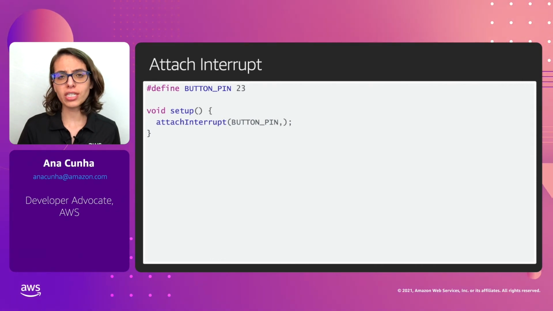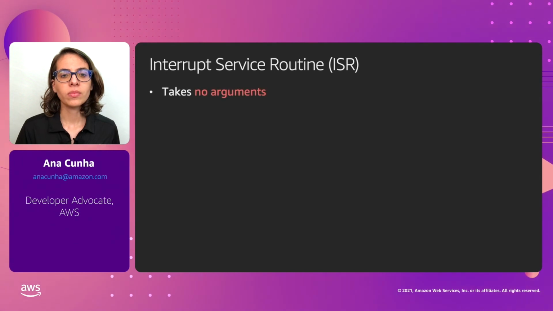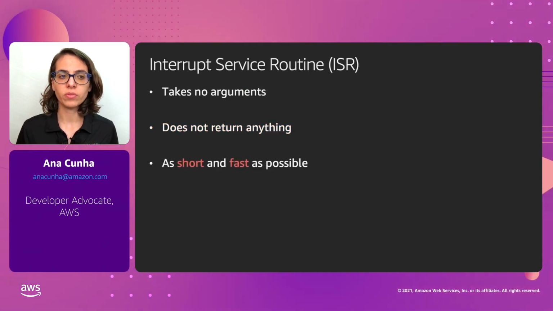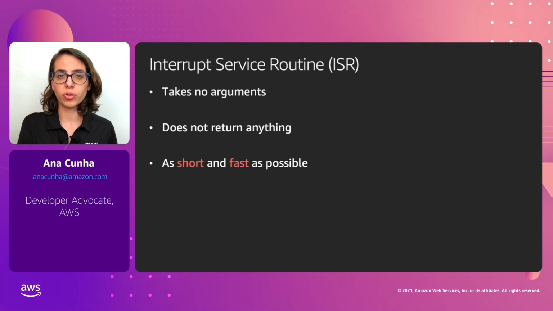But there are a few things we need to keep in mind when creating an ISR. The ISR does not take any arguments, and it also doesn't return anything, so its return type should be void. It should be as short and fast as possible, since it will stop the rest of our program from running.